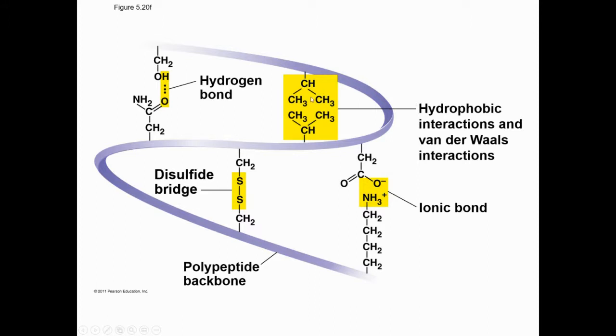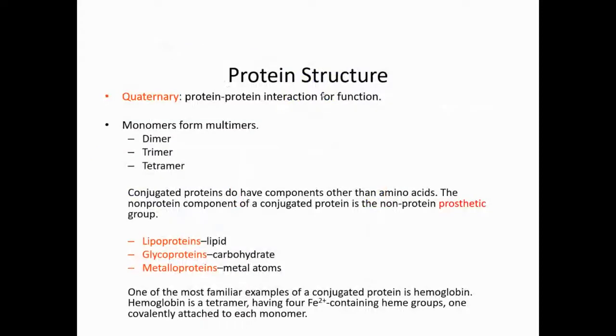And then we have hydrophobic interactions between the non-polar amino acids. Then there is the disulfide bond between cysteines, and the electrostatic interaction that produces the ionic bond between the negatively charged and positively charged amino acids. These stabilize the tertiary structure.